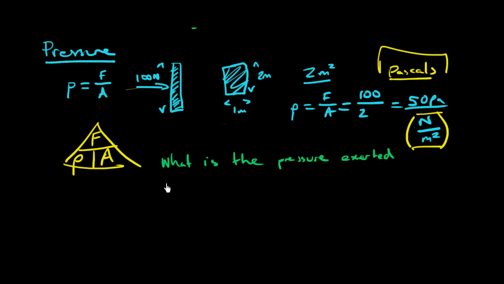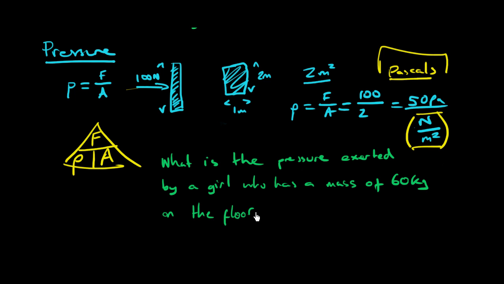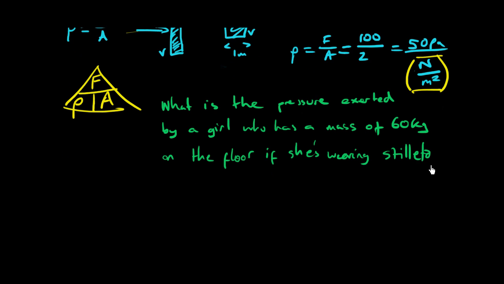What is the pressure exerted by a girl who has a mass of 60 kilograms on the floor, if she happens to be wearing stiletto heels of surface area 1 centimeter squared.